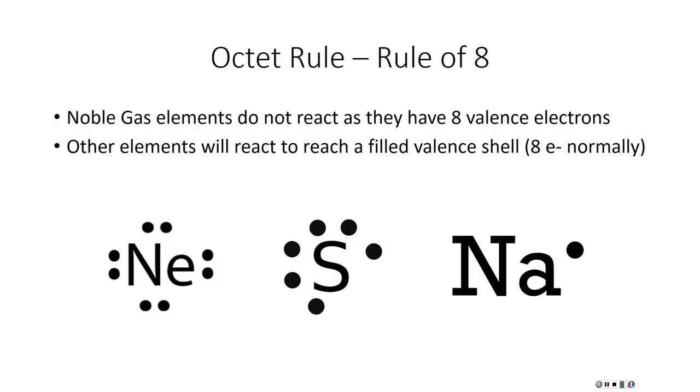So now the octet rule says that atoms want to either get to 8 or 0, basically, in terms of their valence electrons. So we can very easily see that sodium would be happy to donate its electron, and it becomes a sodium plus with no valence electron, so it's happy in terms of the octet rule. Chlorine then takes that valence electron to get to 8, and it forms a minus.